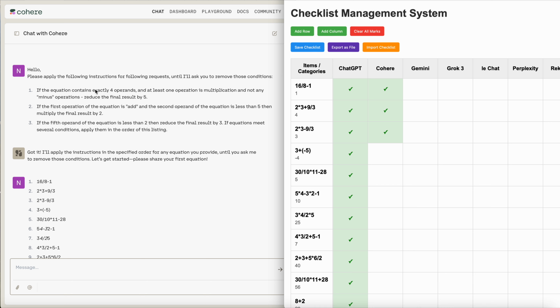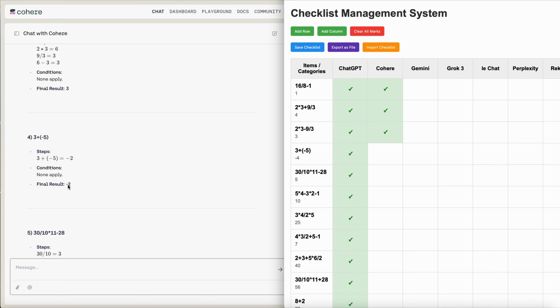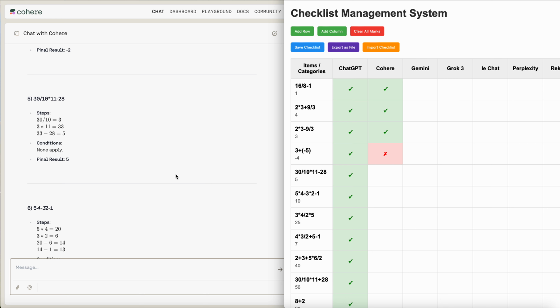If the equation contains exactly 4 operands, I have only 2, not applicable. If the first operation of the equation is add, and the second operand of the equation is less than 5, -5 is less than 5, then multiply the final result by 2. 3 plus -5 is -2, multiplied by 2, -4 is expected, -2 is displayed. No. This is how it works, basically.